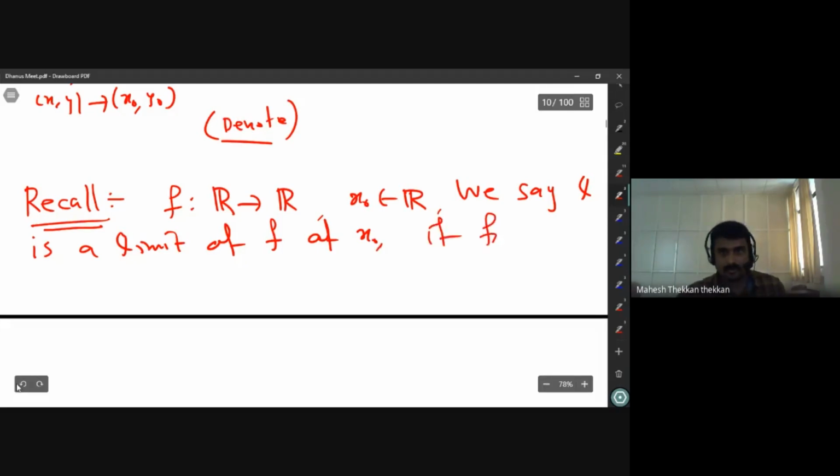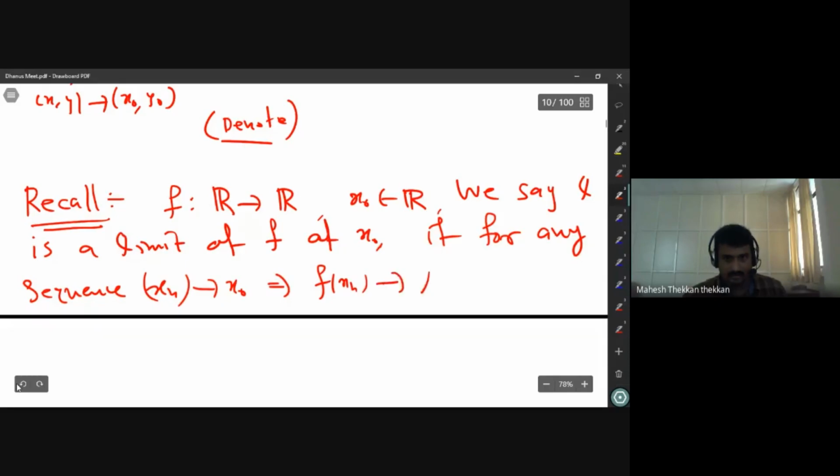If for any sequence xn converging to x naught, that should imply f(xn) converges to L. So this is the single variable case: f from R to R and x naught is a point in R. We say L is a limit of f at x naught if for any sequence xn converging to x naught, f(xn) converges to L. So there you have to consider every sequence xn converging to x naught.